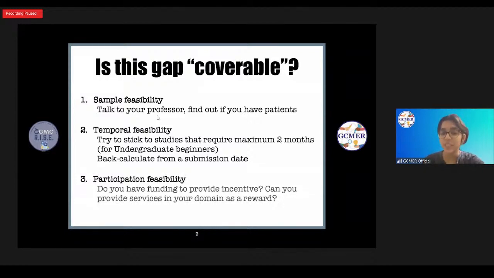And for the participation feasibility, of course, if you have funding, then you can provide incentive as the funding itself. Or, for example, we had a few residents in our college who used to have these ophthalmology medical checkups, right? They had these health camps.